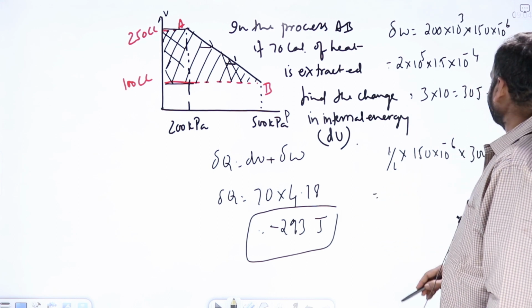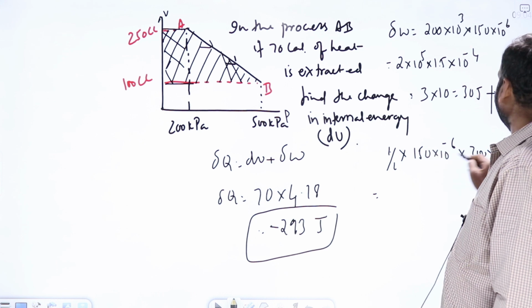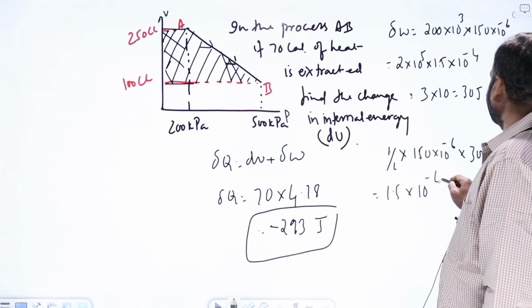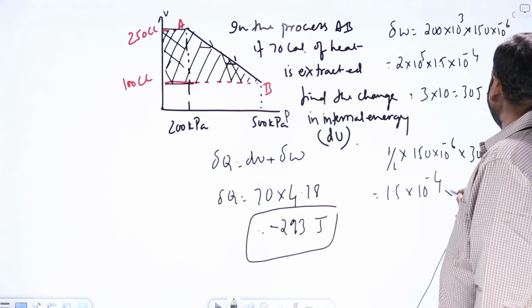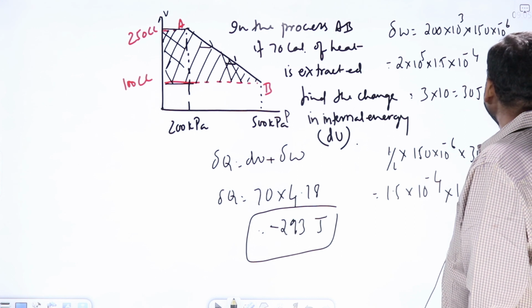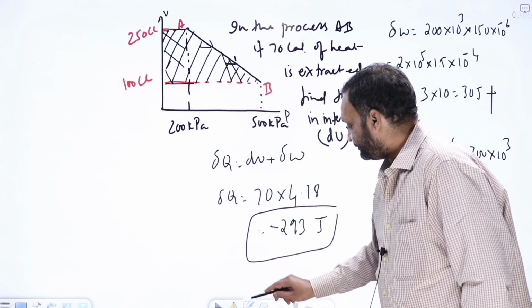If you simplify this, 150 is 1.5 into 10 to the power minus 4, into 1.5 into 10 to the power, simplify this. How do we simplify this?